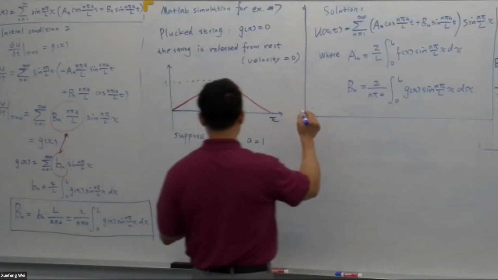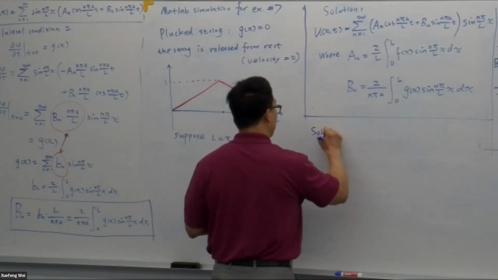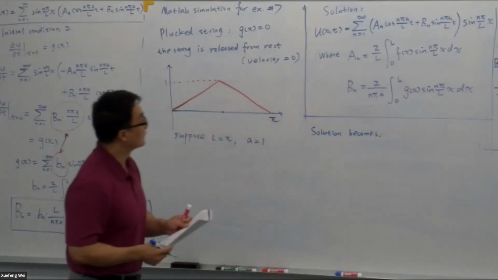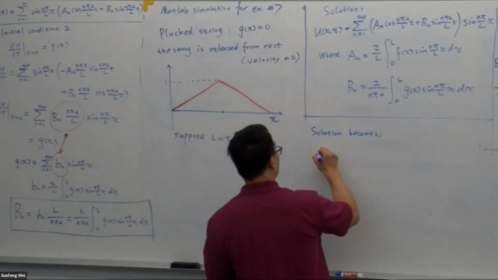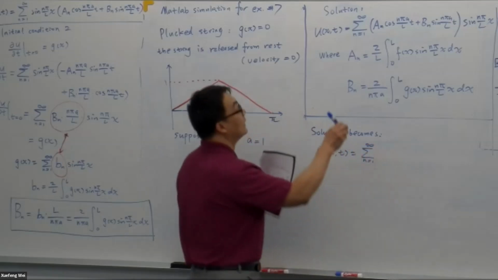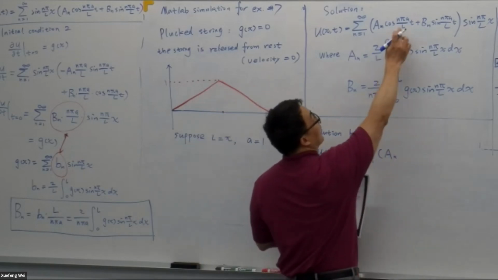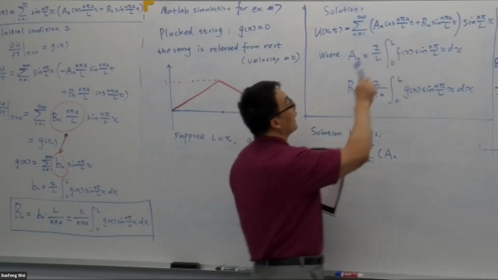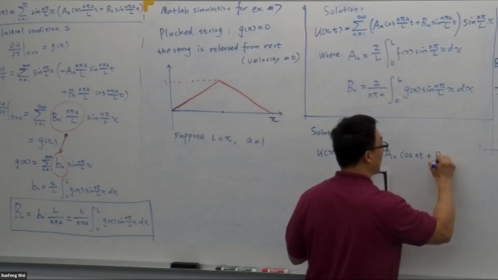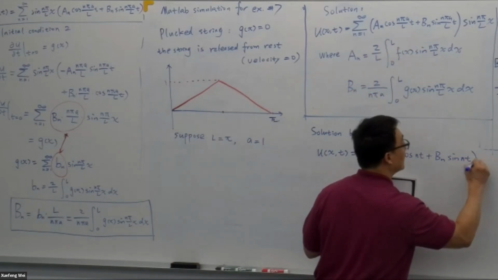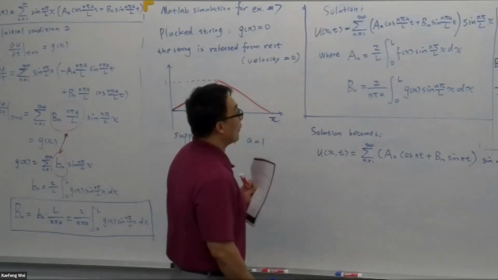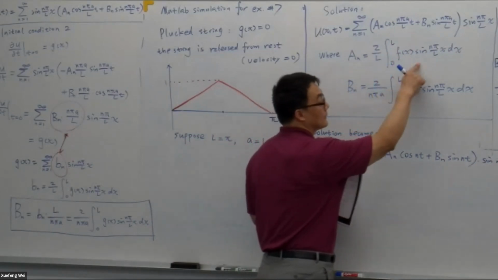Now our solution becomes u(x,t) equals the sum from n equals 1 to infinity of An cosine nt plus Bn sine nt, times sine nx, where An is this, and Bn is what?